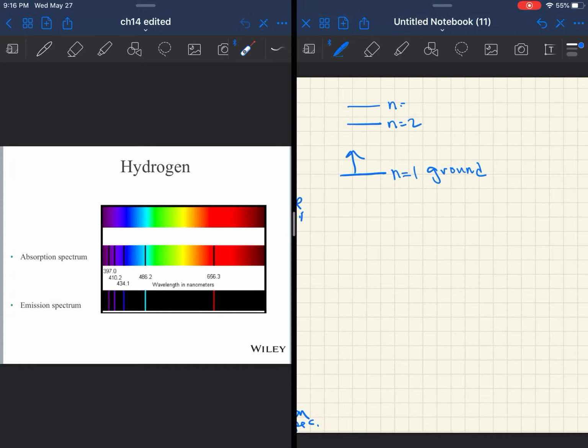So there might be an n equals 2 or 3 or 4. And so this little electron can only absorb energy that bridges one of these gaps. So there's only certain photons of light that have enough energy, and that would be absorbed in an absorption spectrum that would get us from n equals 1 to n equals 2 or 3 or 4.